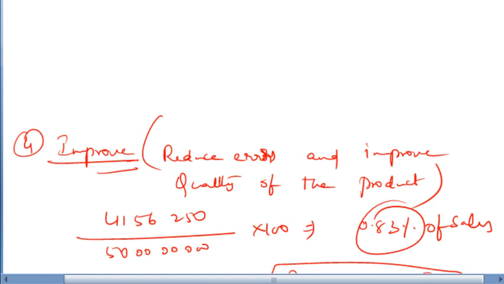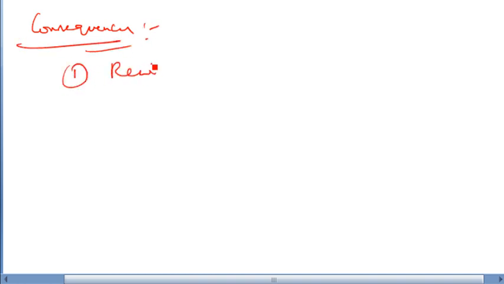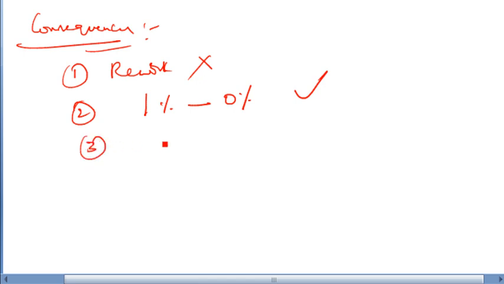Let's look at the consequences, which means what is going to happen once you implement all these things. He said that the rework of products can be completely eliminated, and sales returns will come down from 1% to 0%, which is good. And yearly warranty claims will reduce from 30 lakhs to 0.